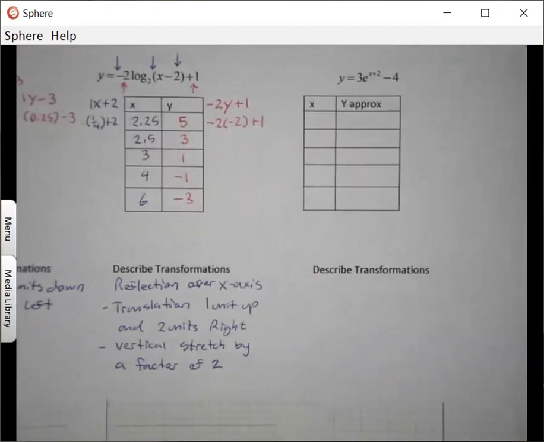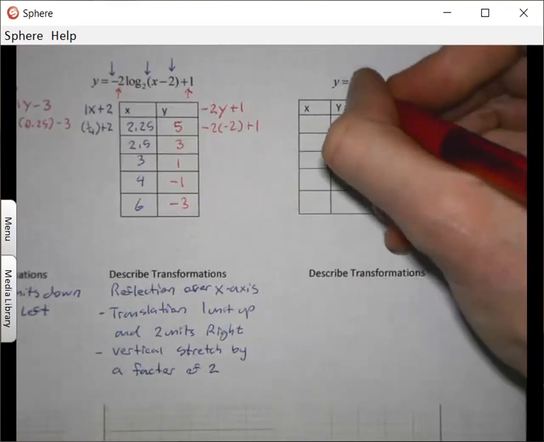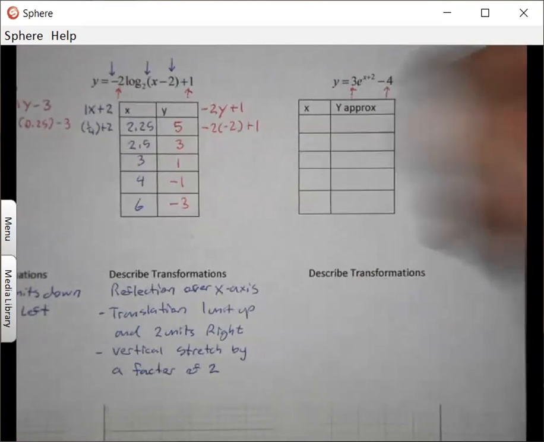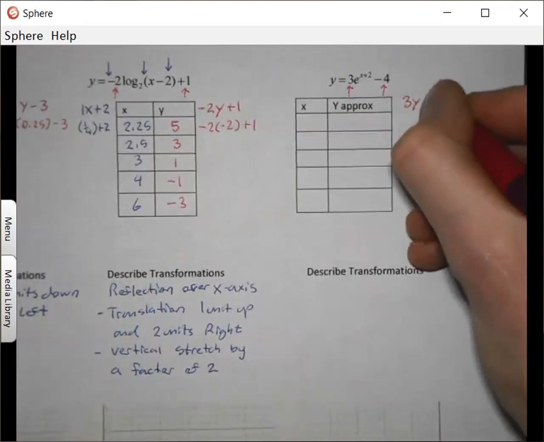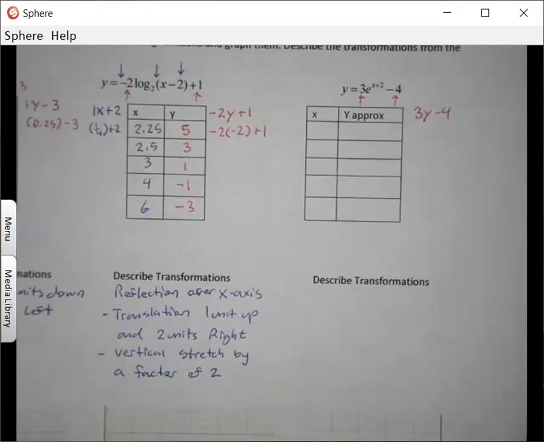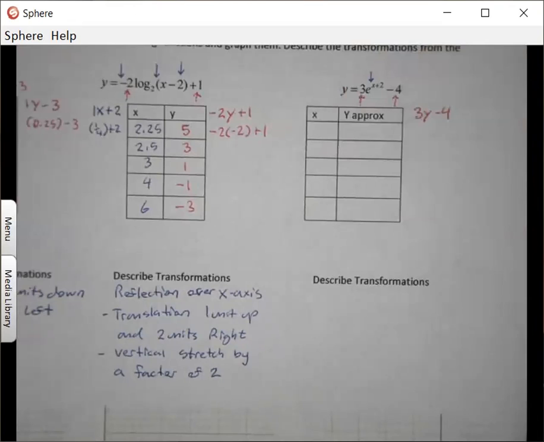Okay, last one. So for our base e, again, y is our vertical, so a and k. It's going to be 3y minus 4. So for x, again, number's not written, it's 1. And then we need to do opposite sign.